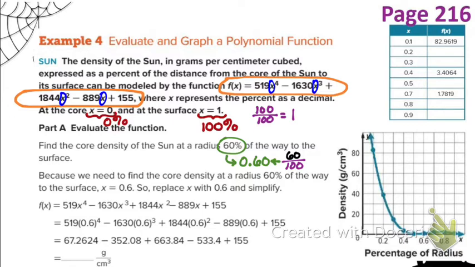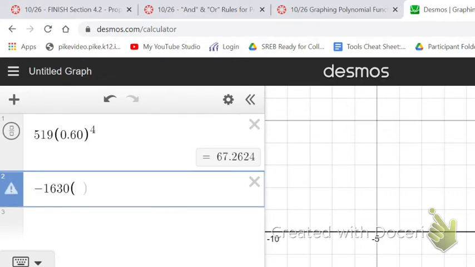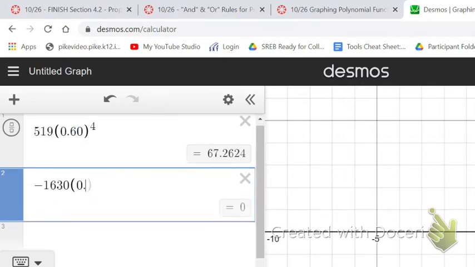So on your calculator, what we're going to do: it was minus, what, 1, 6. What were the other numbers? 30. 1630. And then there's an x. What am I putting in for x? 0.60, just like before. How do I do the cubed? Yep.